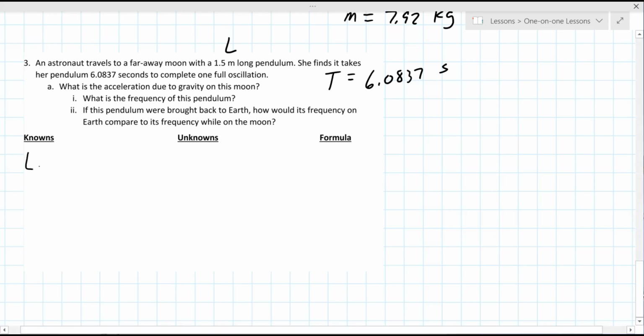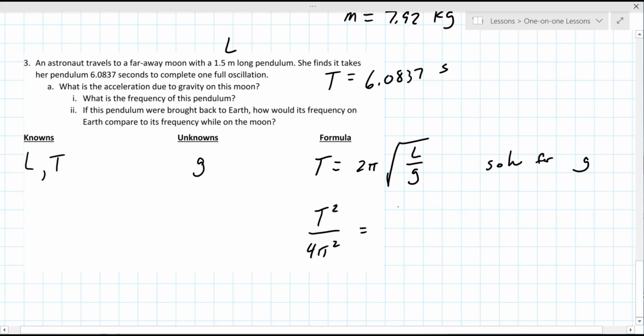Okay, so we know L and we know T, but we don't know G. We don't know G, but we do know a formula. We know from one of the formulas that T is 2 pi square root L over G. So we're now going to solve for G. So it's T squared over 4 pi squared equals L over G. That's just a simplification here.